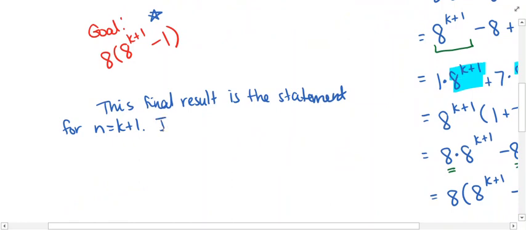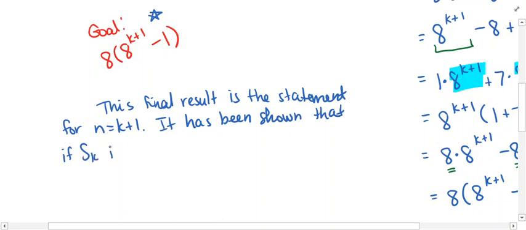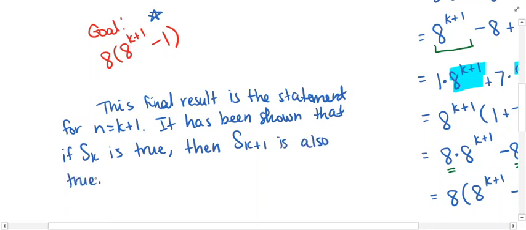It has been shown that if the statement is true for n equals k, if that is true, then the statement for n equals k plus 1 is also true. Okay, we're done with the induction step.